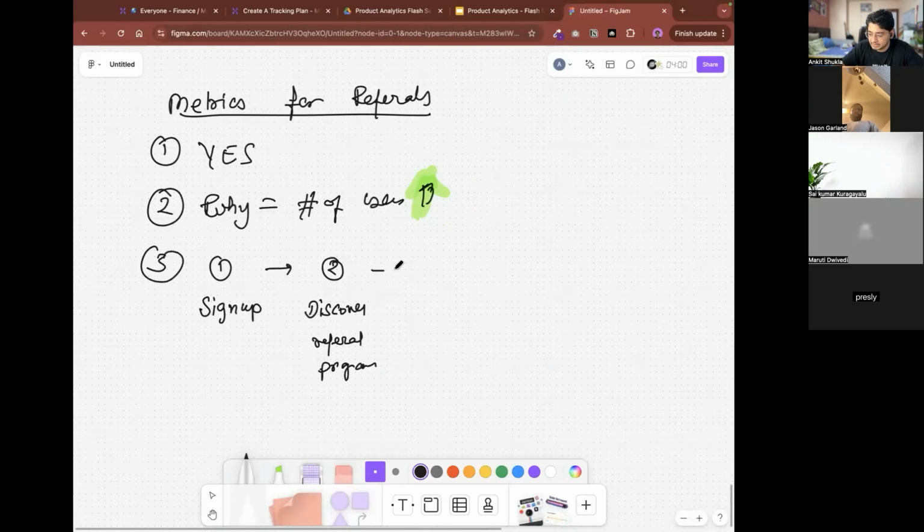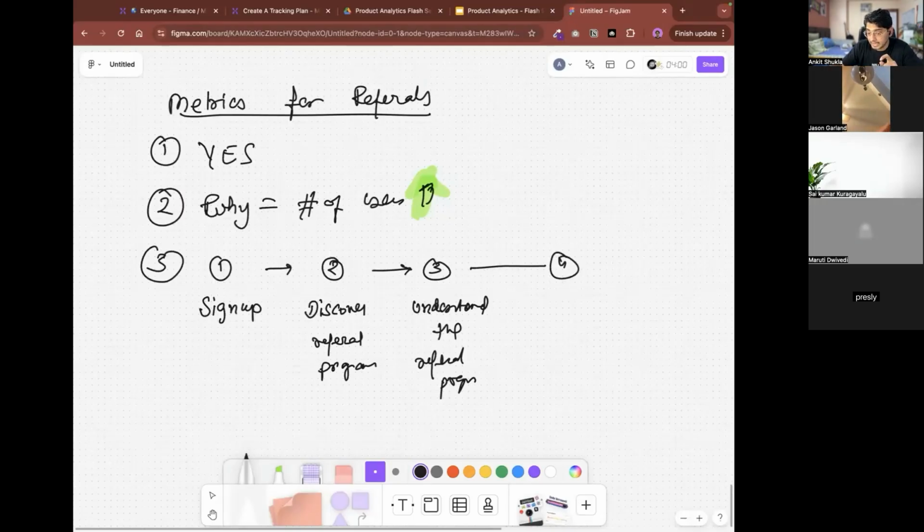After that, they are going to understand the referral program. If they feel that the incentives are aligned, then they will refer their friends or colleagues.